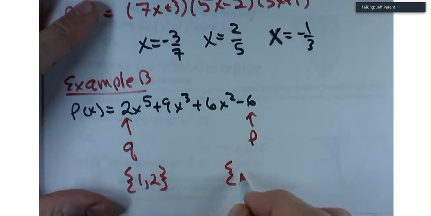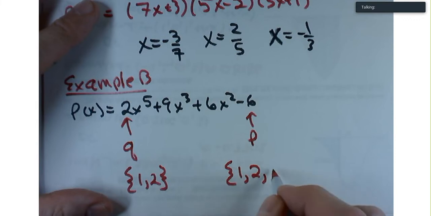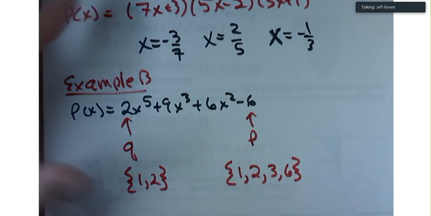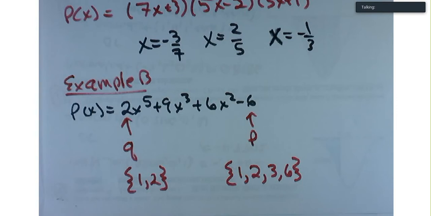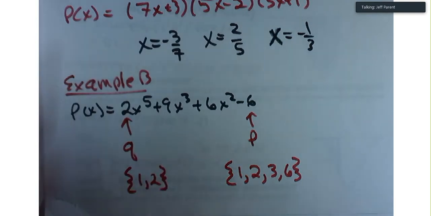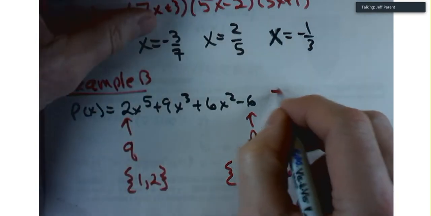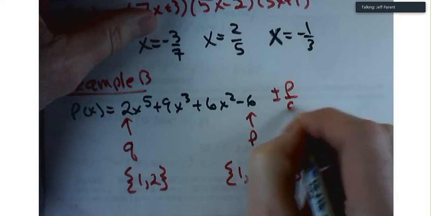What are the factors of 6? 1, what else? 2, 3, and 6. Thank you. 1, 2, 3, and 6. Now your possible rational roots have to be of the form plus or minus p over q.